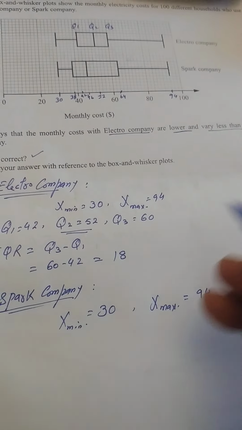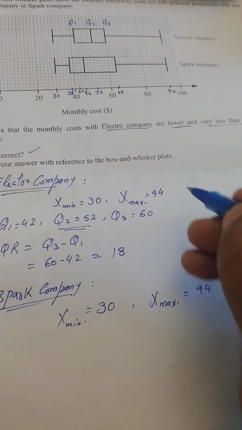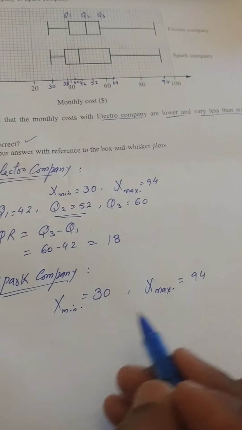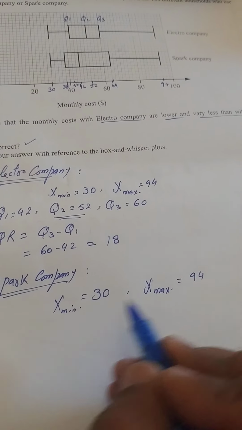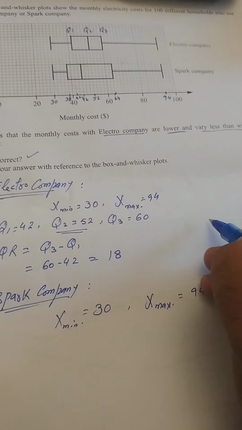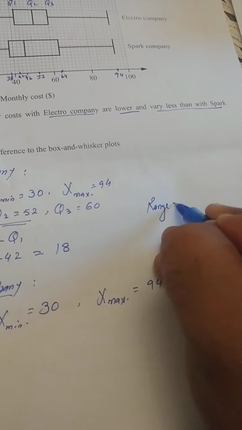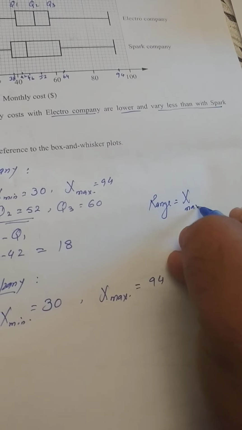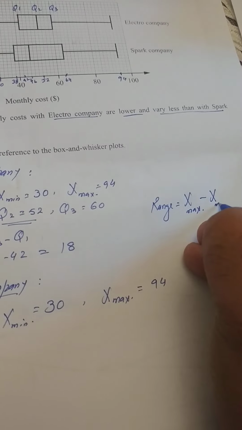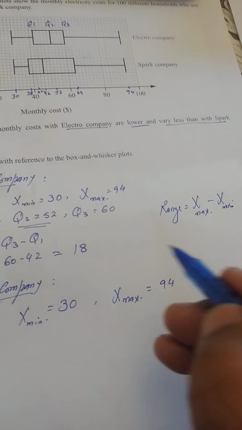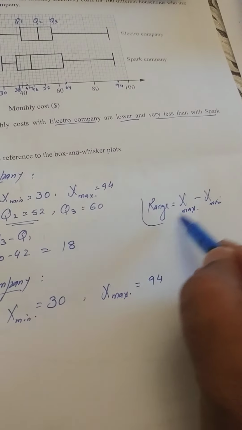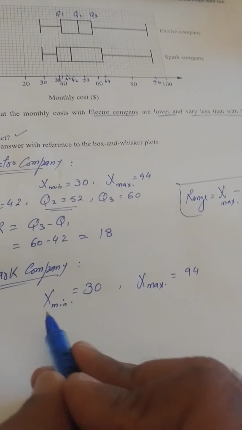So you can see there is no difference of range because both minimum and maximum values are the same. Range is the difference of maximum to minimum. Just for your knowledge, range is x maximum minus x minimum. So for both companies it remains the same.